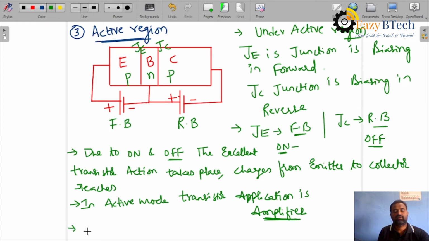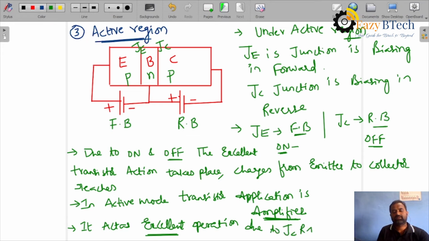Next, it acts as excellent operation due to JC junction reverse bias. Okay, transistor can act as an amplifier in active region.